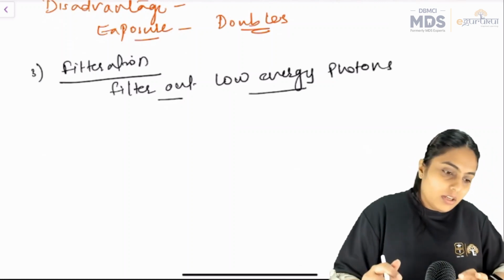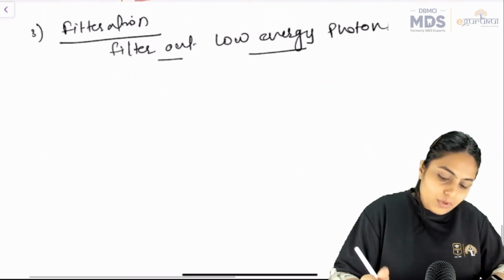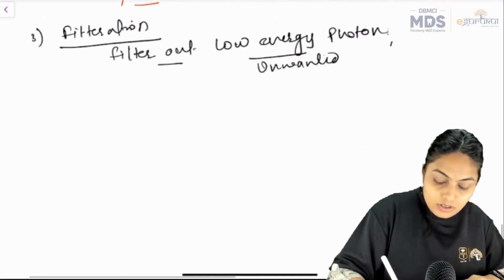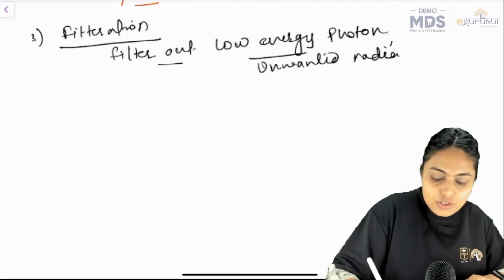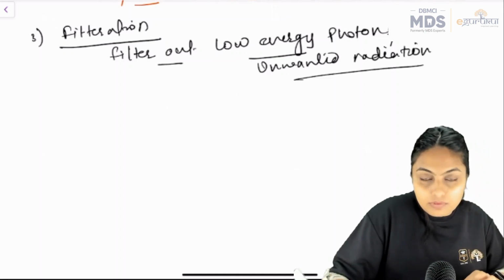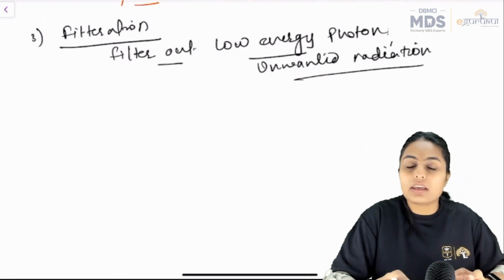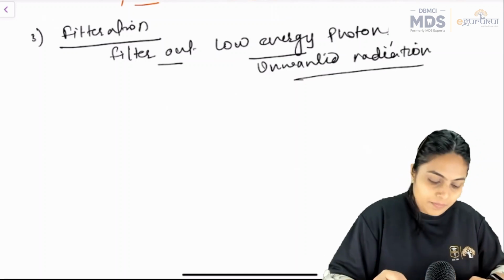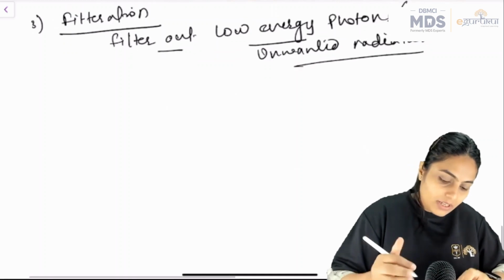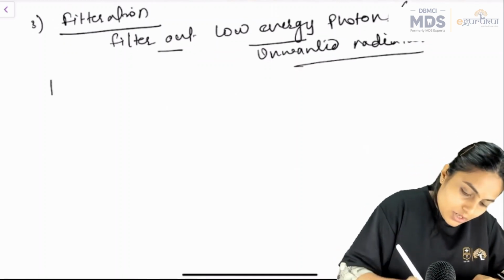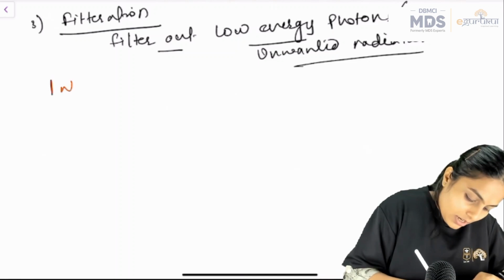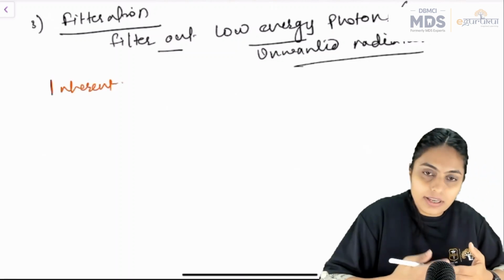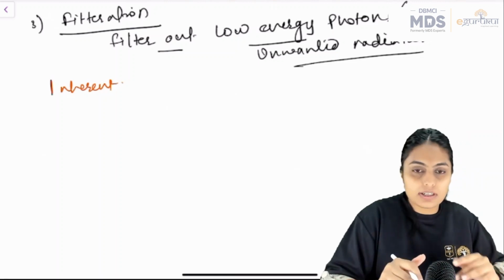Low energy photons, or you can also refer to them as unwanted radiation. Unwanted radiation just causes fogging of the film. It will not give any information to us. Filtration basically has two types. Inherent, that means we already have it in the X-ray tube, the glass tube also works as a filter.